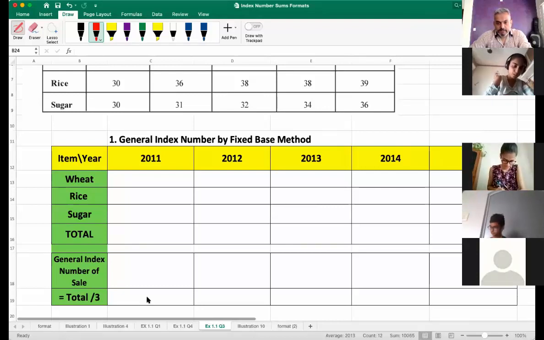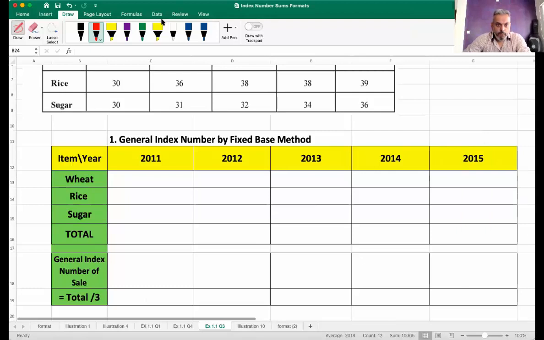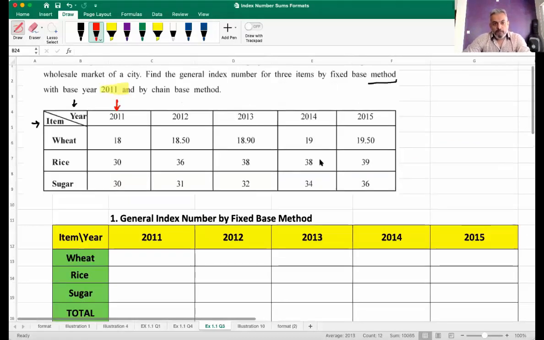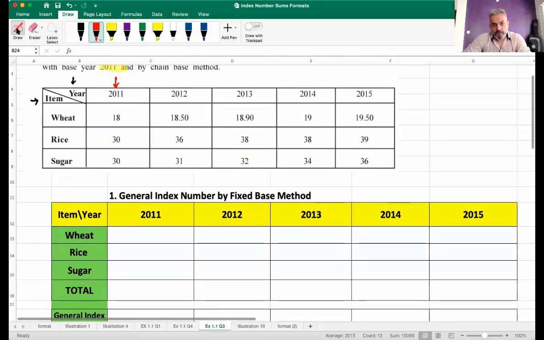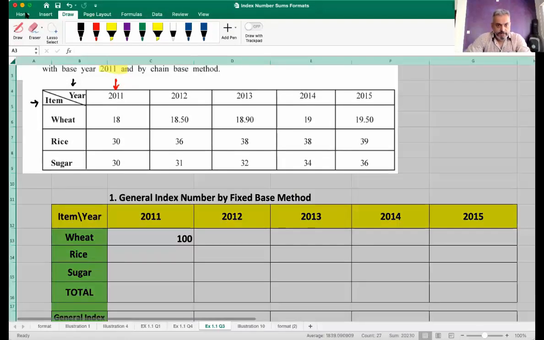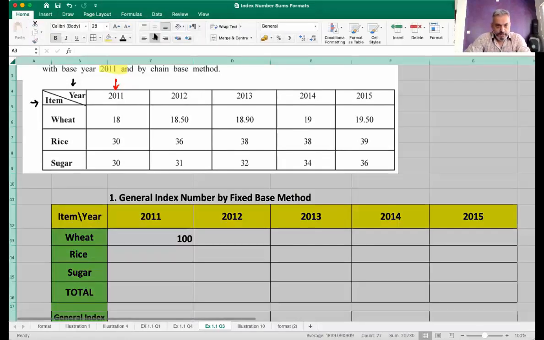Yes, sir. Okay. Now, pay attention please. Now, let's start with first one, wheat. So wheat, for the first year, as you know, it's the base year, so it's always going to remain 100. So nothing to worry about it. We just align it.